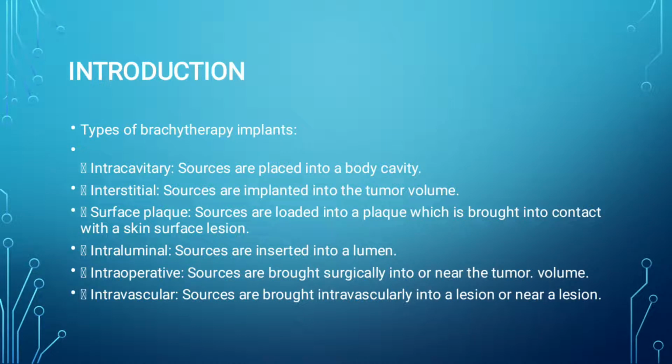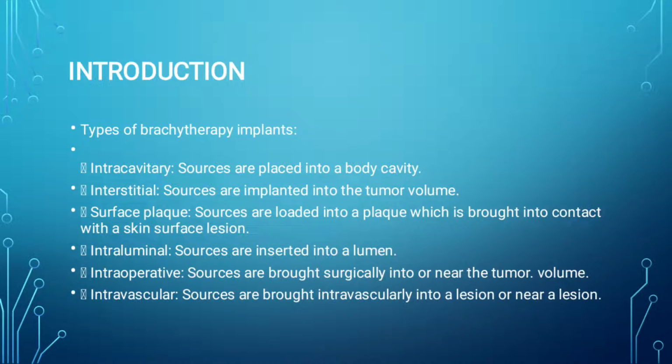There are different types of brachytherapy implants like intracavitary, interstitial, surface plaque, intraluminal, intraoperative and intravascular. In intracavitary brachytherapy implants, sources are placed into a body cavity. In interstitial, sources are implanted into the tumor volume.